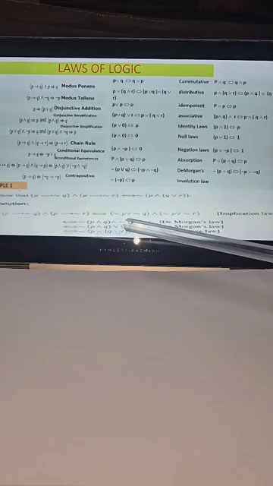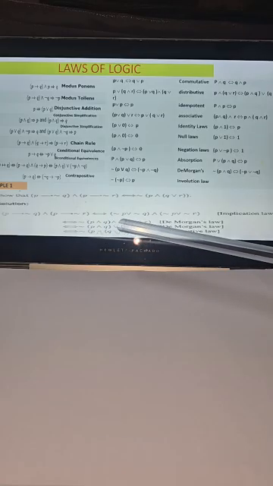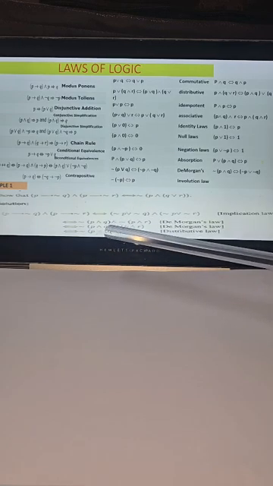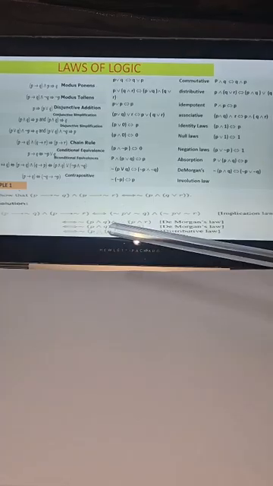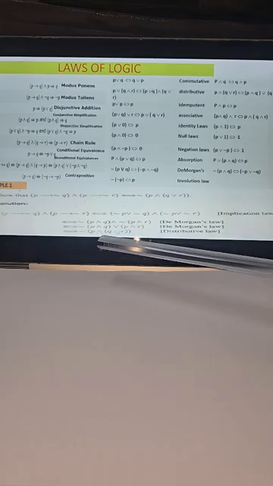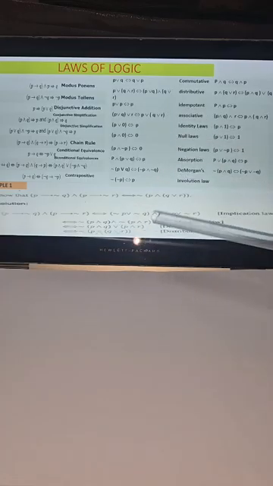Now you use De Morgan's law for both the terms. That is, negation P or negation Q is equivalent to negation of (P and Q), and negation of (P and R). Again, you use De Morgan's law, you get negation of ((P and Q) or (P and R)). This is equivalent to negation of (P and (Q or R)) by means of distributive law, which we wanted the result to be proven.